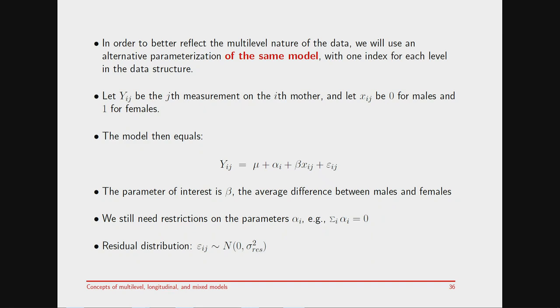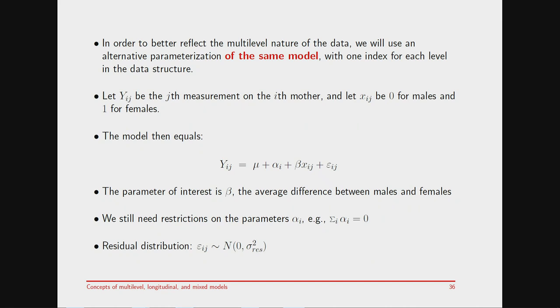Now, if you just use a single index j for the children within the mother, you still need to make a distinction between the male and the female animals, so I need to define a covariate for that. I do that by x. xij will be defined as 0 if the jth animal belonging to the ith mother is a male. Otherwise, xij will be 1.